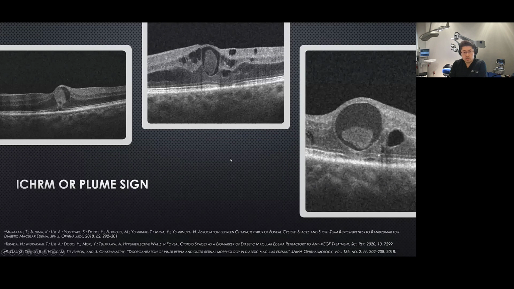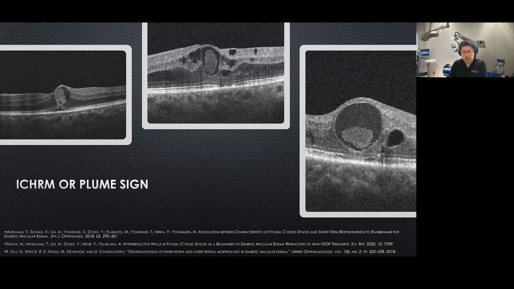This is a condition that we see in diabetes and also retinal vein occlusions and other vascular leakage conditions, called the plume sign, with intracystic cavity hyperreflective material. What it signifies is a severe disruption of the retinal vasculature leading to leakage of proteinaceous material.